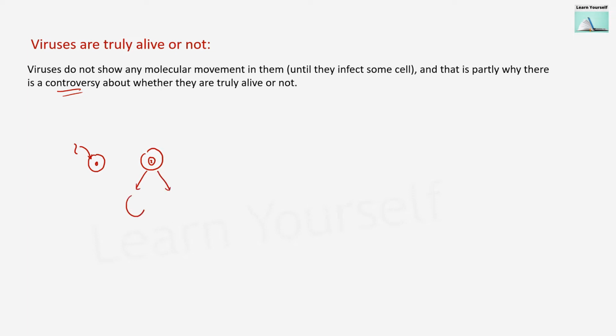Until it enters a healthy cell, it will not show any sign that this organism is alive. Once it gets into the host cell, it will use the host cell's metabolic process to multiply itself. So that's why there is a controversy about whether viruses are living organisms or not.